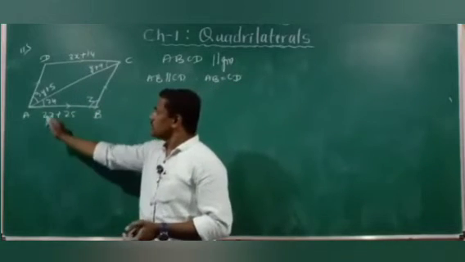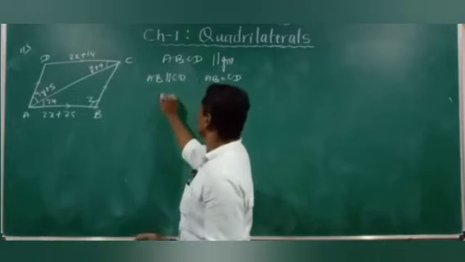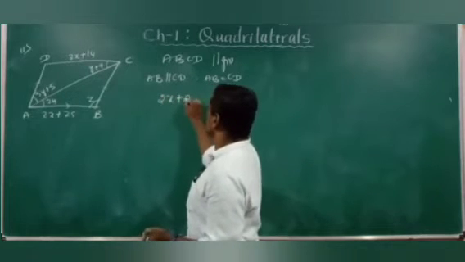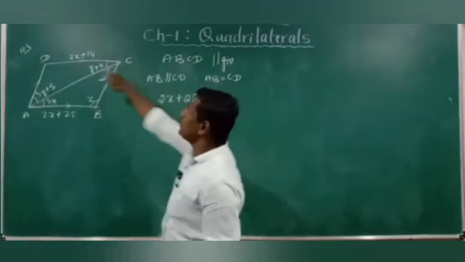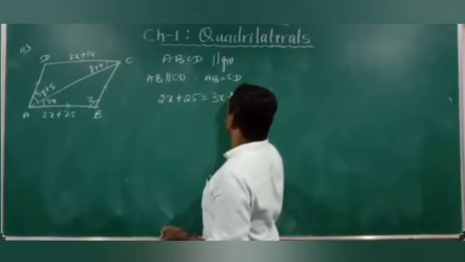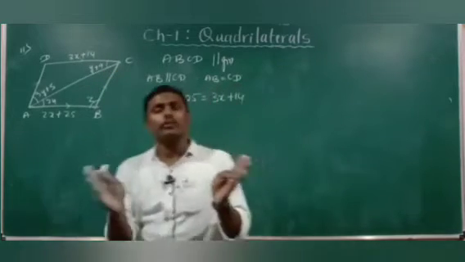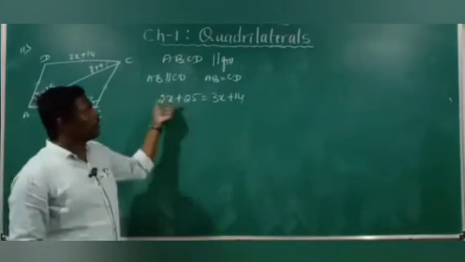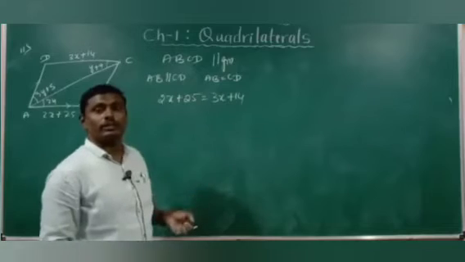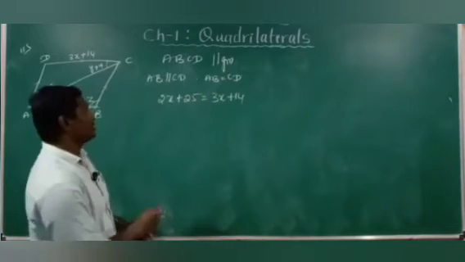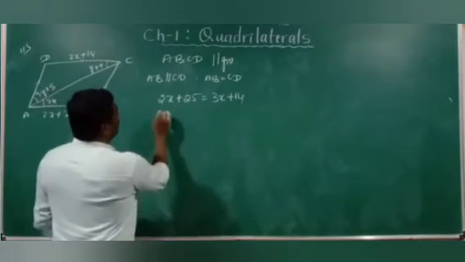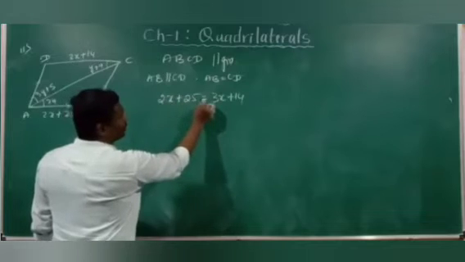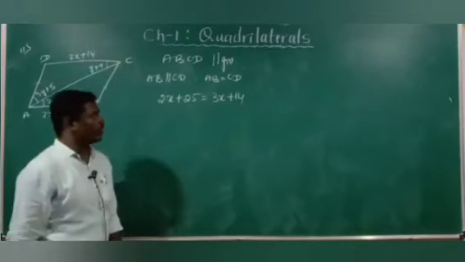AB length is 2x plus 25 and CD length is 3x plus 14. Just equate the lengths of the opposite sides and you can easily calculate the X value. So 2x plus 25 is equal to 3x plus 14.